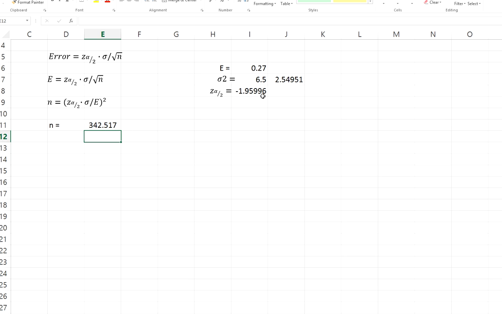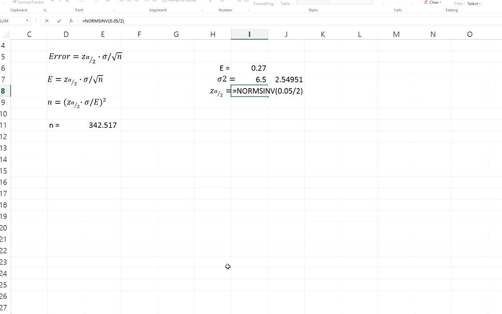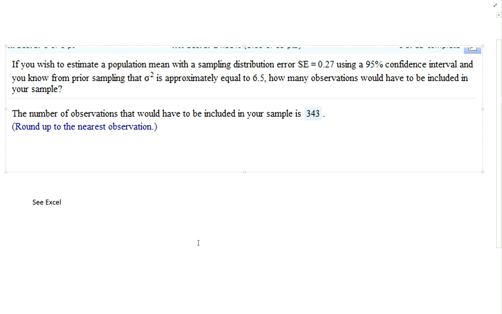So two things you need to do here: calculate NORMSINV 0.05 over 2 because it's a 95% confidence interval. Okay, good. And then I got this number, which is 343, basically rounded up. 343. It's right here, 343.